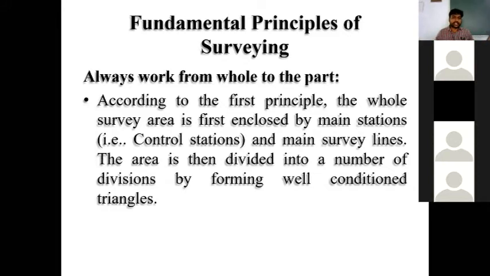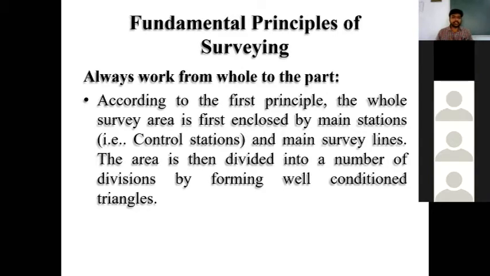To measure that area, if the area is irregular in shape, we're going to divide it into a number of divisions by forming well-conditioned triangles. I will give one example so that you will have a clear idea about work from whole to part.